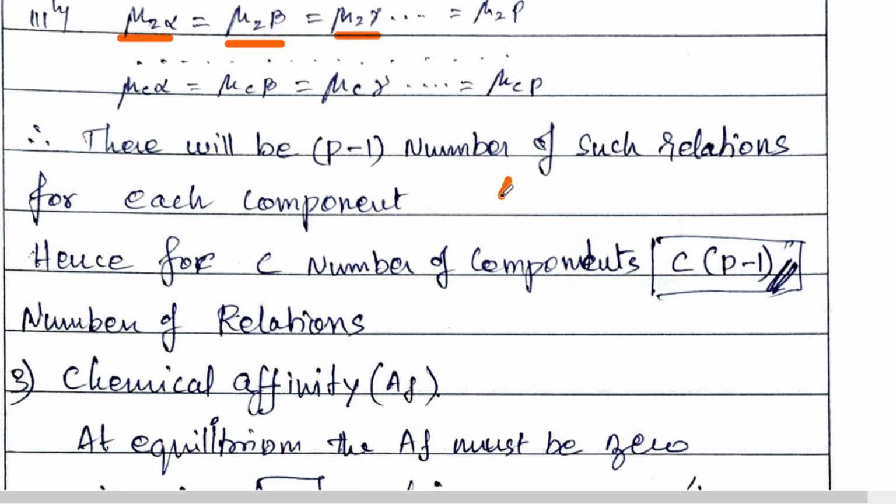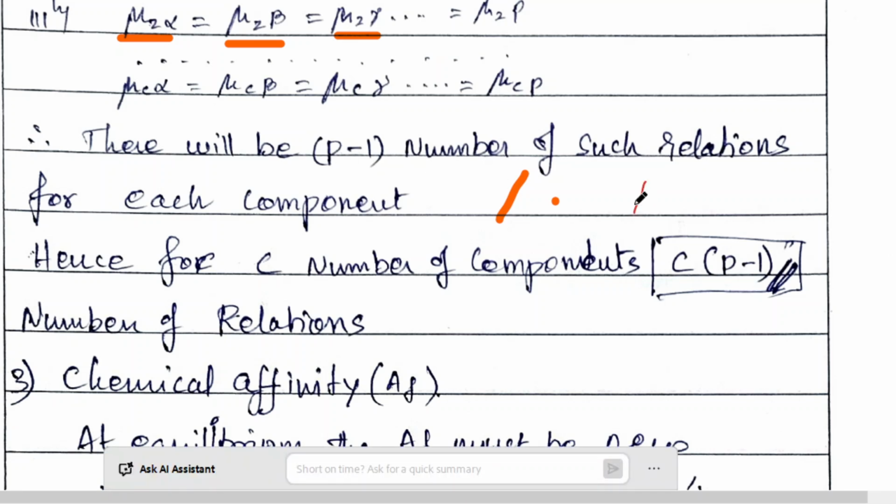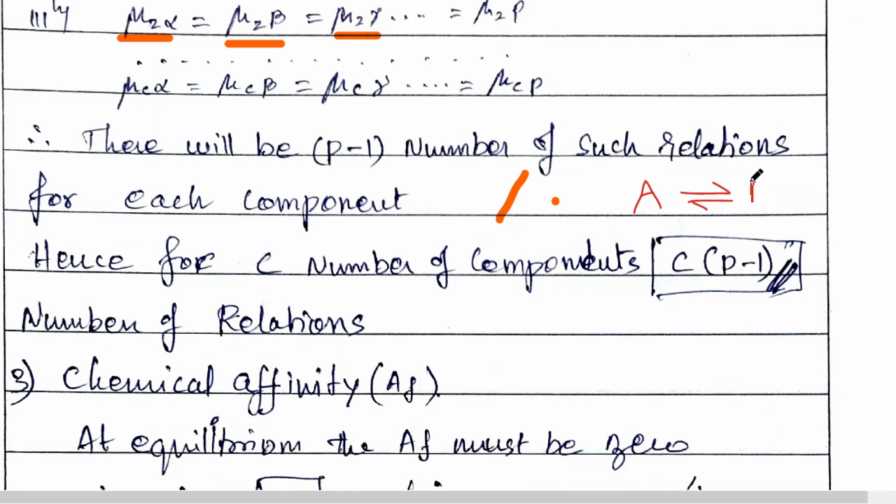For example, if you have two systems A and B that are in equilibrium, that means there are two components but the relation is 1. If there is a third component, A, B, C, there are three components but there are two relations. That is, there is a relation between A and B, that is relation 1.